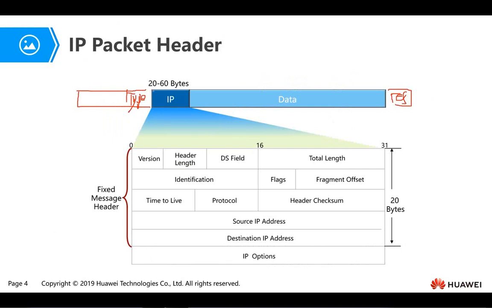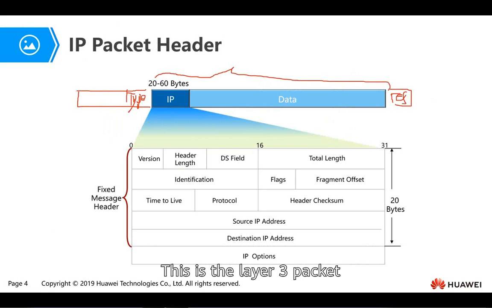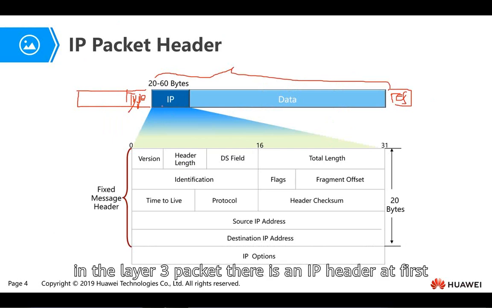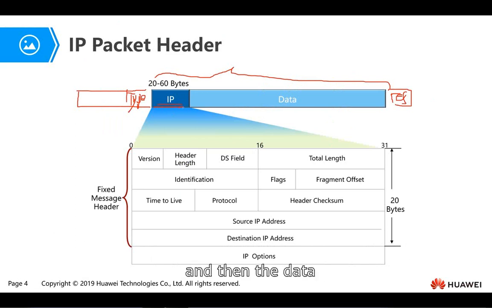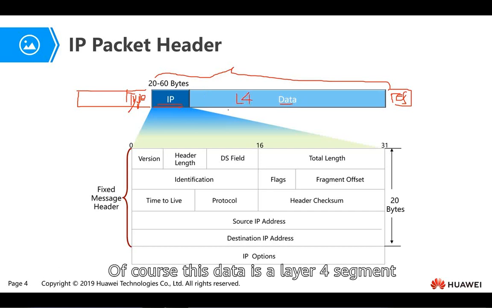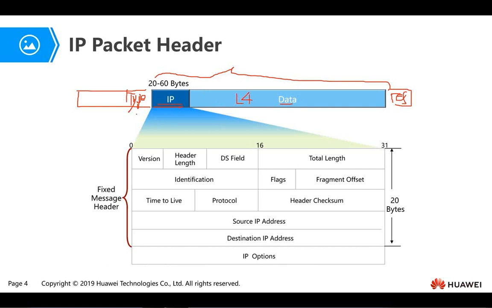Then this is the layer 3 packet, and in the layer 3 packet, first is the IP header, and then the data. Of course, this data is the layer 4 segment. And then what is contained in the IP header?